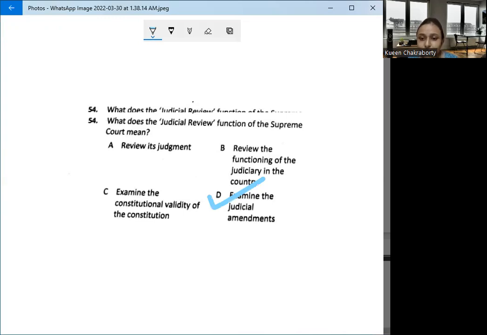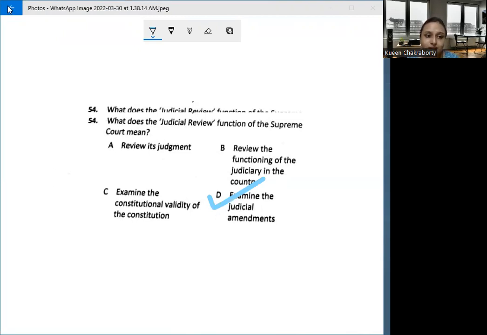Basically, it means to examine the constitutional validity of laws. The judicial review is the doctrine under which legislative and executive actions are subject to review and possible invalidation by the judiciary.